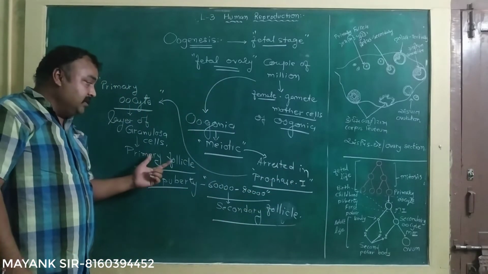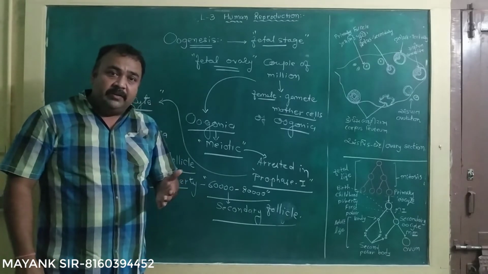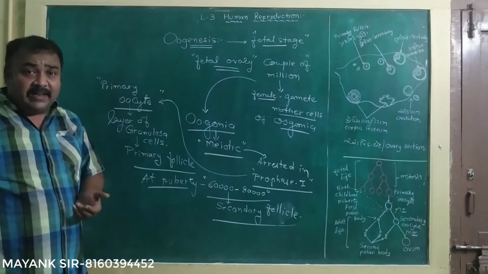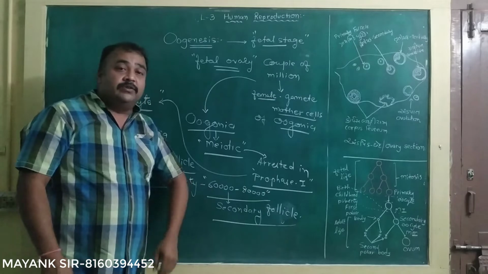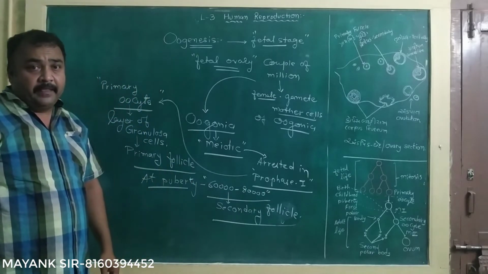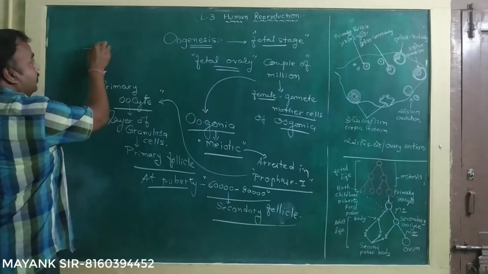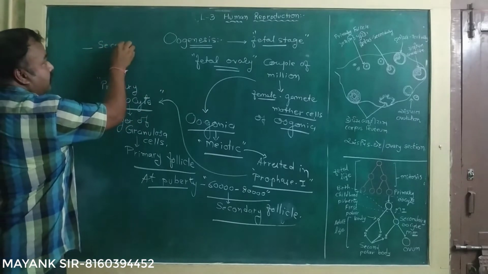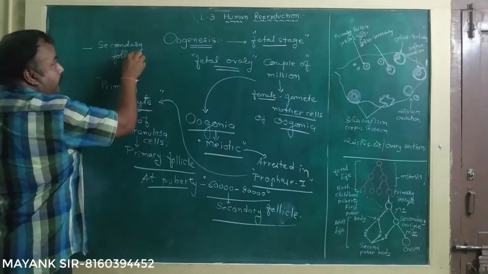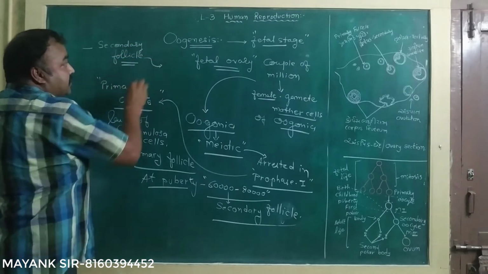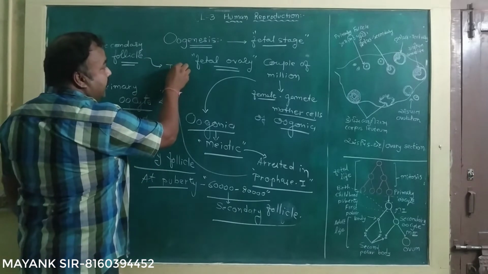Why? Because in the primary follicle, new theca and a new layer of granulosa cells are added, so the primary follicle is converted into a secondary follicle. Now what happens? The secondary follicle rapidly becomes converted into a tertiary follicle.